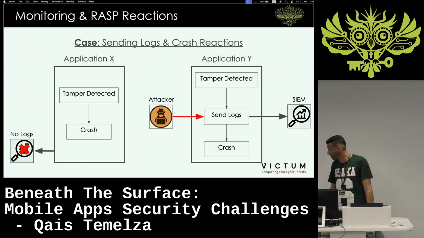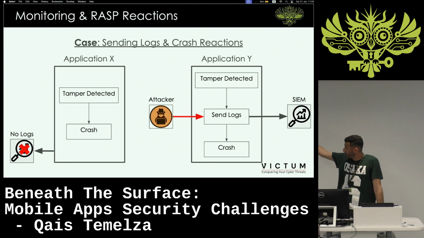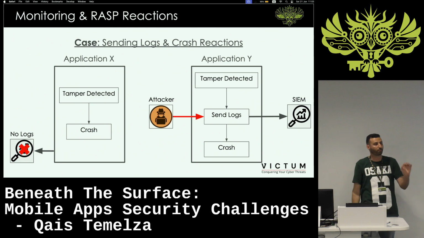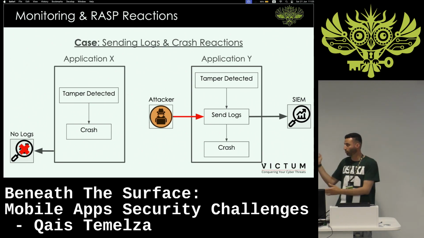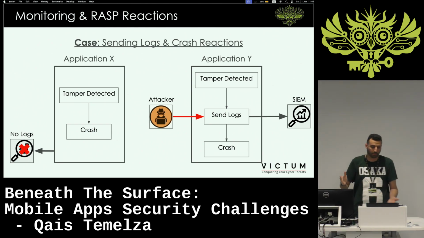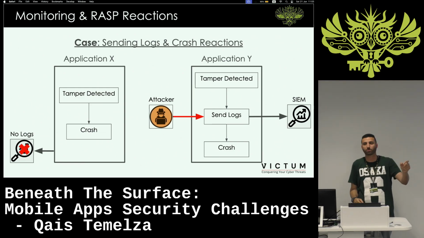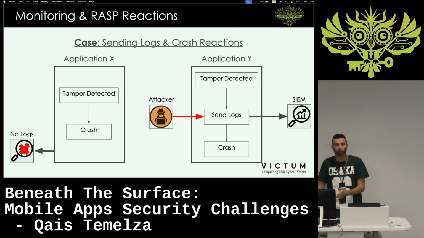The other choice is to send logs just before you crash. But this also comes with risks, because you can give the attackers a little bit more time before you crash to read memory or hook into something or whatever.